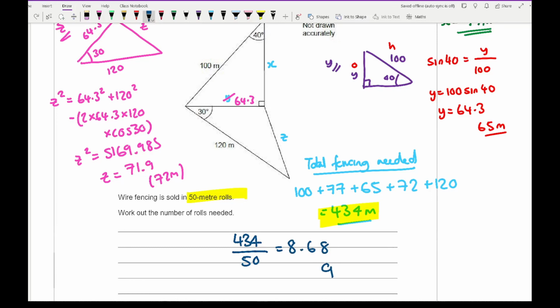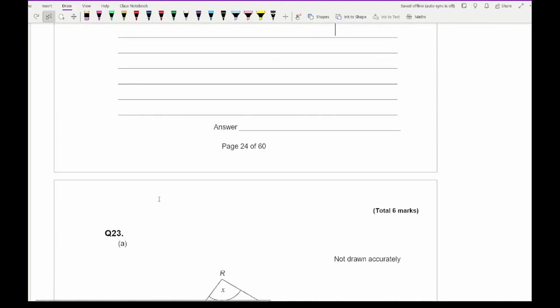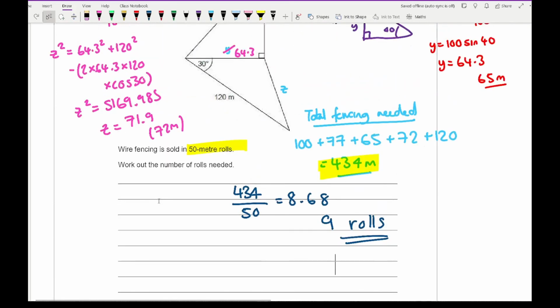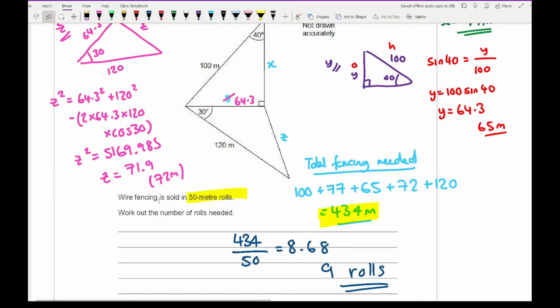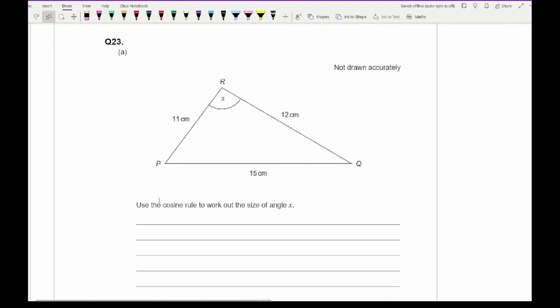So I'm going to need 9 rolls. And there is my final answer. And again, that is worth 6 marks. Although it took me quite long to do, I'm definitely going to get the marks awarded for it.